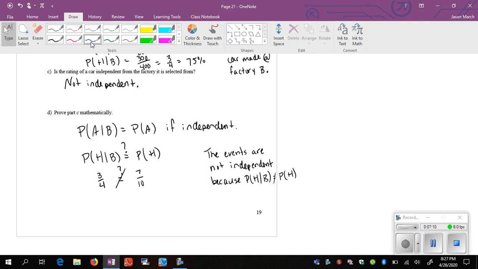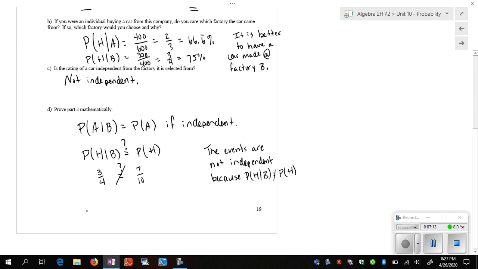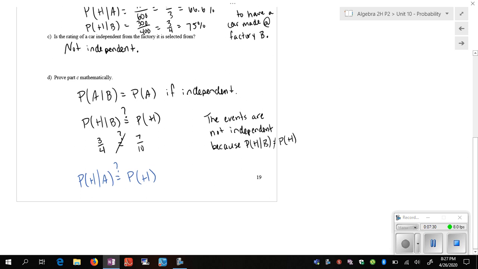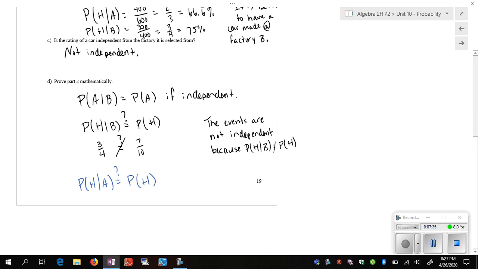And I'm going to change the color up here. So another option could be, let's compare the probability that a car is highly rated given that it's made at factory A. Again, we're questioning, does the condition affect that probability? So if I remove the condition, are those the same? Well, we already calculated both of these. The probability that a car was highly rated given that it was made at factory A was 2/3. And the probability that the car was highly rated with no regard for the condition is 7/10.